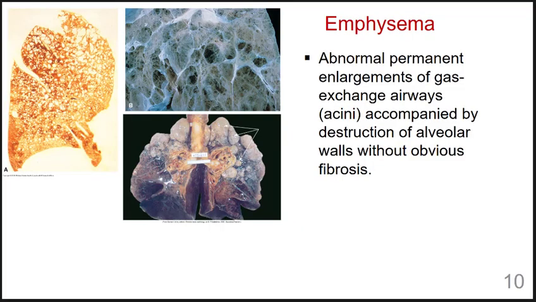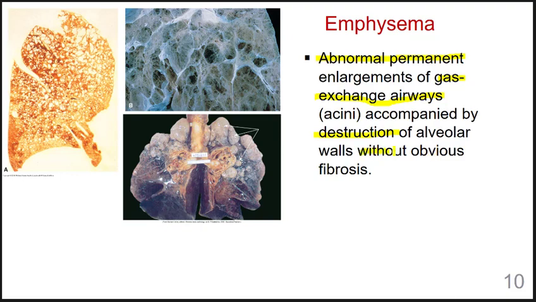Okay, emphysema. Reminder of the definition: we get this abnormal permanent enlargement of your gas exchanging airways that we call the acini, and this is accompanied by destruction of the alveolar walls. If the alveolar walls are destroyed, you can appreciate that it's the alveolar walls that allow for the diffusion of oxygen and carbon dioxide, so this feature is going to be lost, which is a feature that's necessary for proper body function.